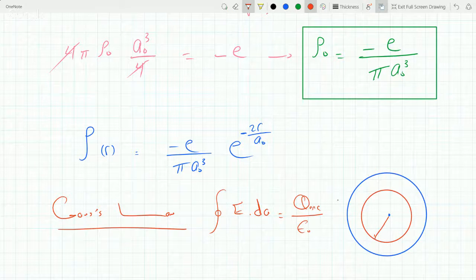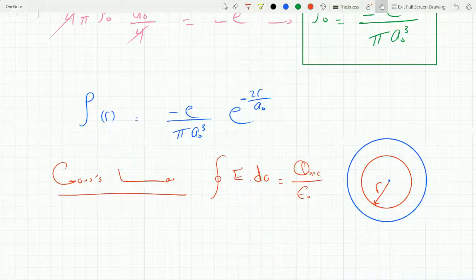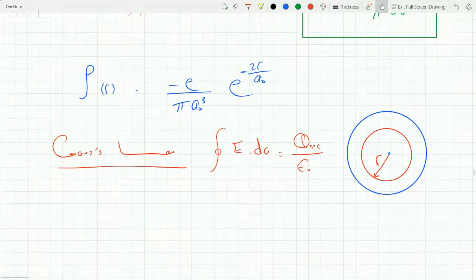Okay, so this is radius R. E is radially outwards, and Gauss's law will give me the E. This will be E dA, but E is radially outwards, and so is the area vector because it's perpendicular to the surface, so they overlap.